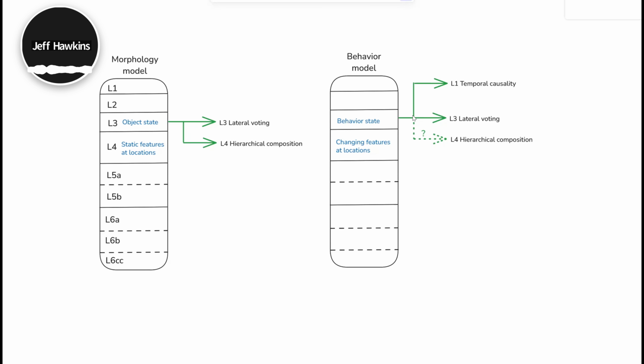we have the same problem. We have to do some sort of voting because we have all these models. On this view, there are lots of different columns observing different parts of the world, and each part sees something that might be moving, like the different edges of the stapler. No one column observes the whole behavior. So if we're going to quickly infer what the behavior is, we have to have some sort of lateral voting. We haven't worked through the details of this, but it's a little tricky.